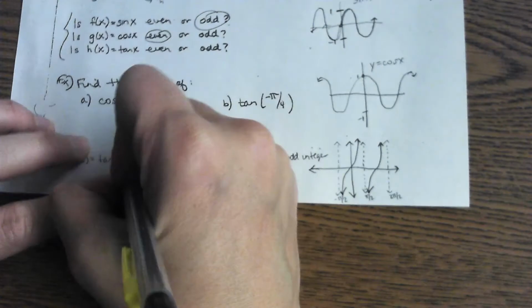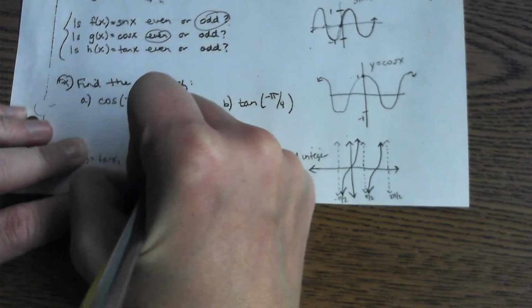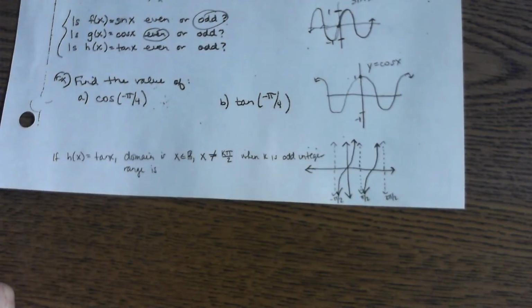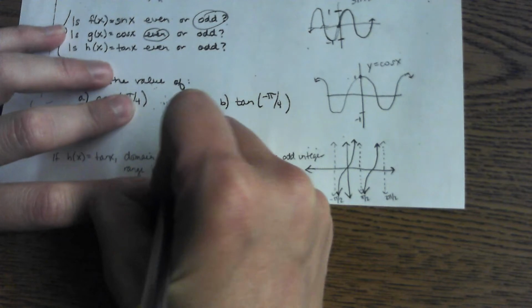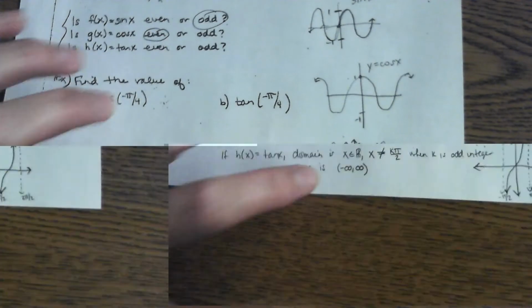And the range is what? What do you think, John? What's the range of this graph? Yep, negative infinity, positive infinity.